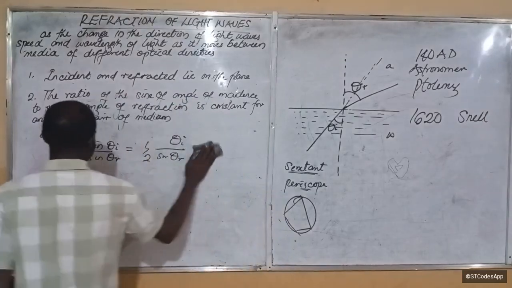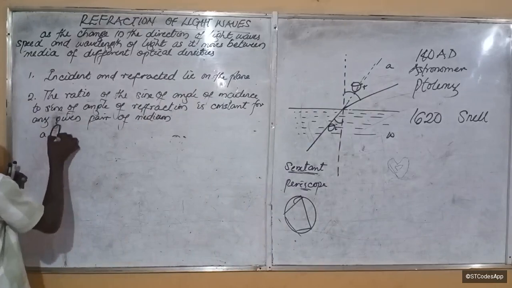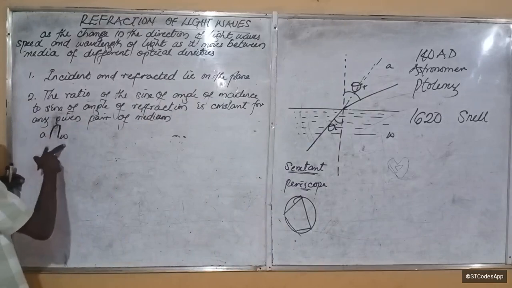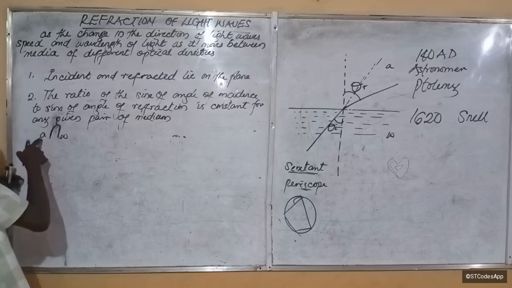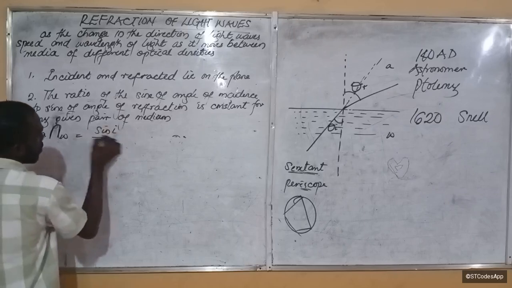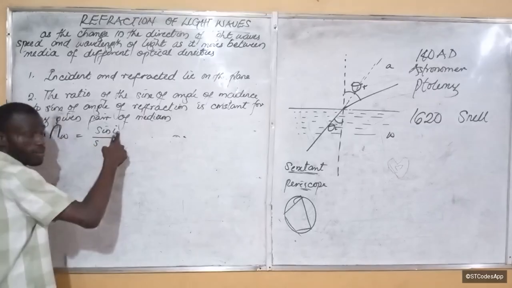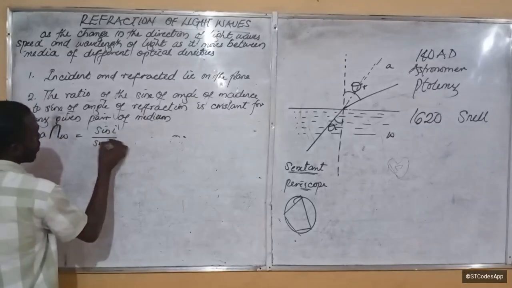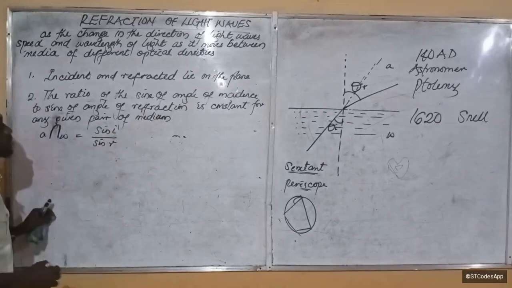So this is how we write it. For any given pair of media, in this case air to water, it is given as sine I over sine R, where I is the angle of incidence and R is the angle of refraction.